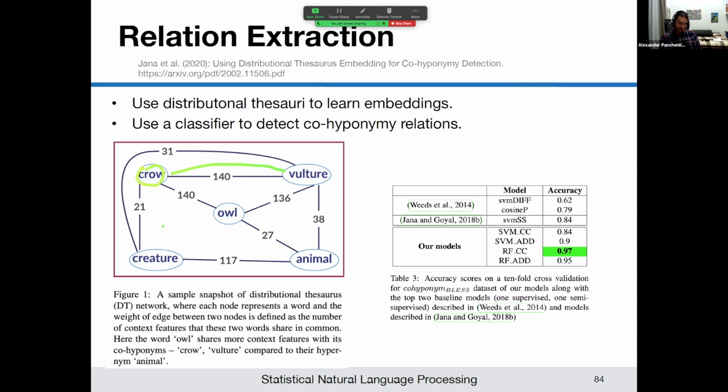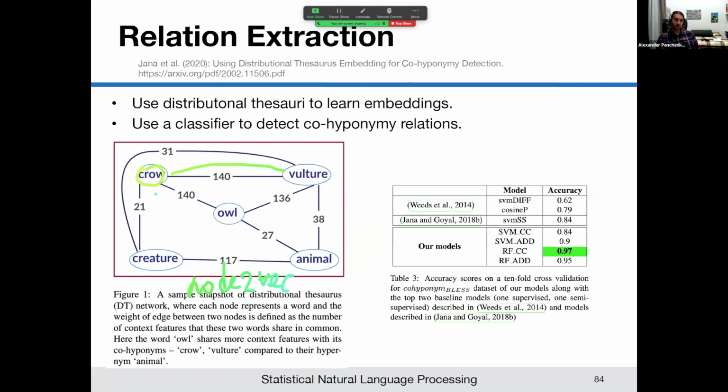What this means is that you have crow related to vulture or animal, and they learn node2vec on this graph. Then they use the features learned in this graph to perform prediction of the types of relations.